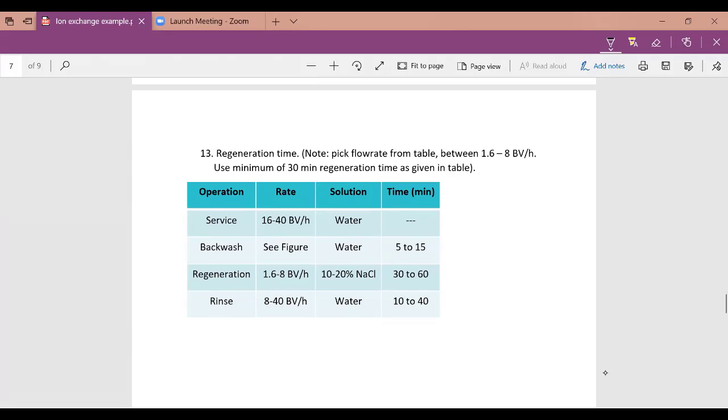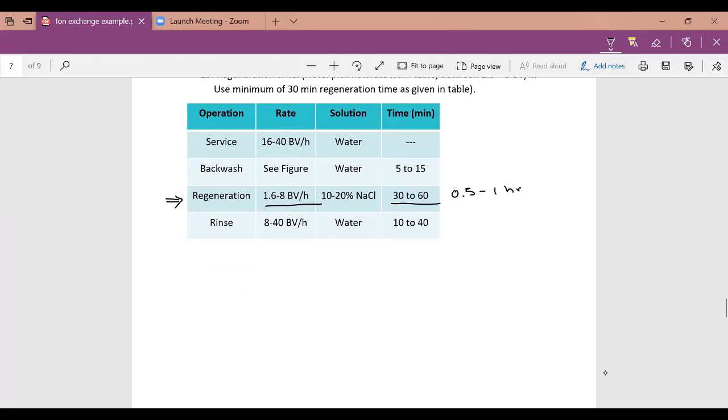The regeneration time is based on the information that we're provided here. And we're told that the rate is between 1.6 to 8 bed volumes per hour, and that the time needs to be between 30 minutes to 60 minutes. So between 0.5 to 1 hour.